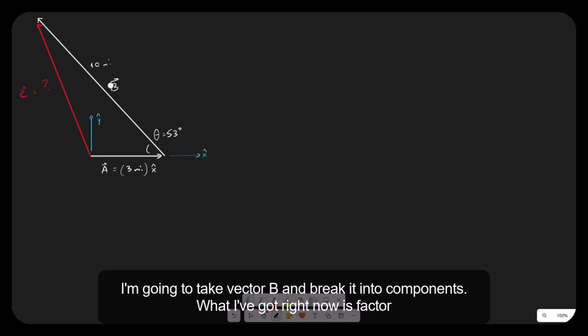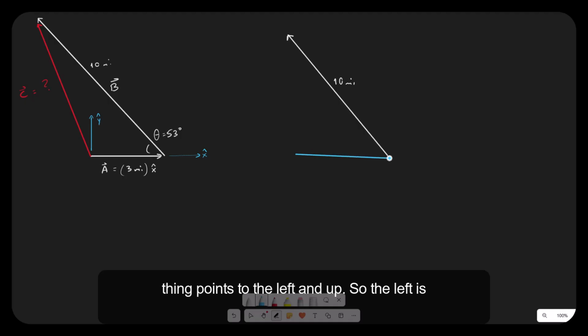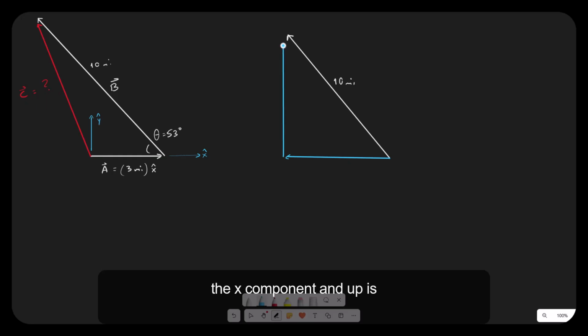I'm going to take vector B and break it into components. What I've got right now is a vector that looks like this, and I know this is 10 miles. I'm going to break that into an x component. This thing points to the left and up, so to the left is the x component, and up is the y component.